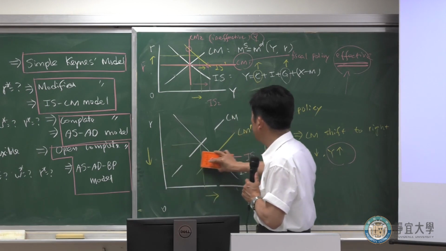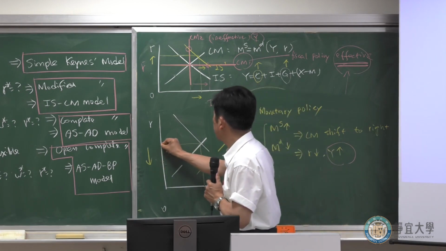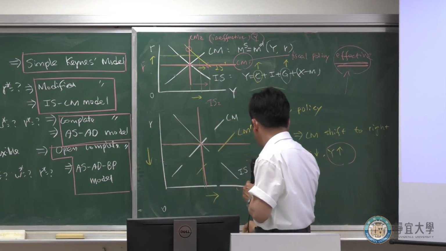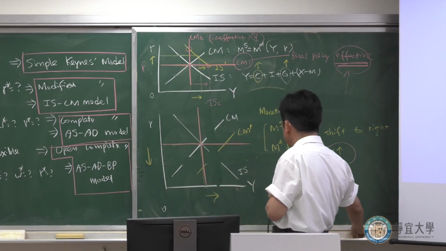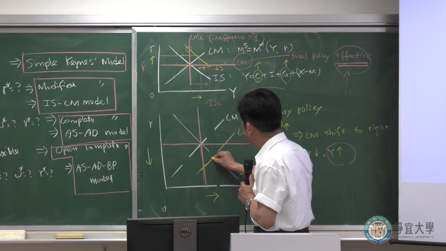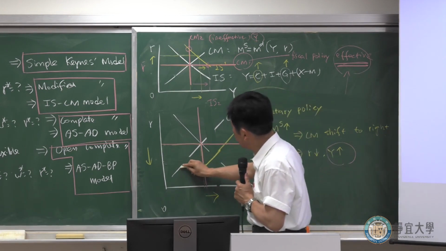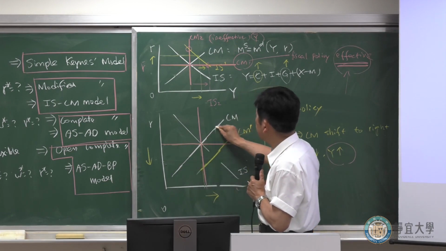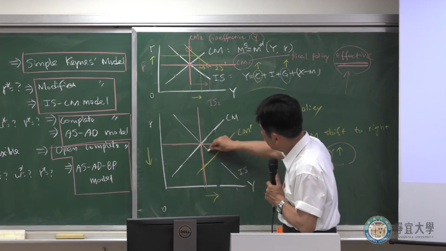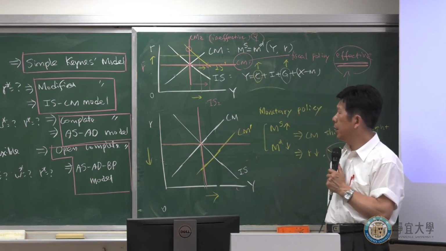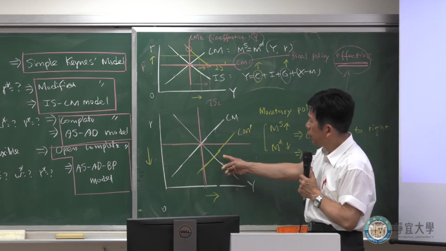Maybe we write down here, it's much better. The yellow one represents a new one, and the white one is the initial one. So here you can check.